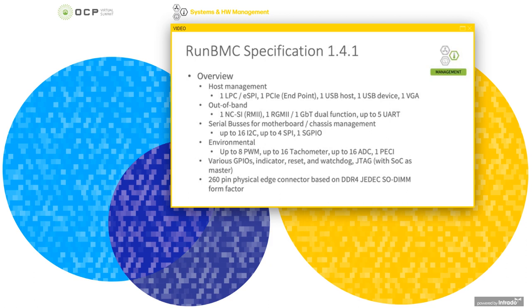For motherboard and chassis management, there's up to 16 I2C, up to 4 SPI, and 1 SGPIO. And the environmental gives 8 PWM for fan and pump, 16 tachometer, 16 ADC, and 1 PECI. There's also various GPIOs, indicators, resets, and watchdogs, with JTAG from the SoC as a master.